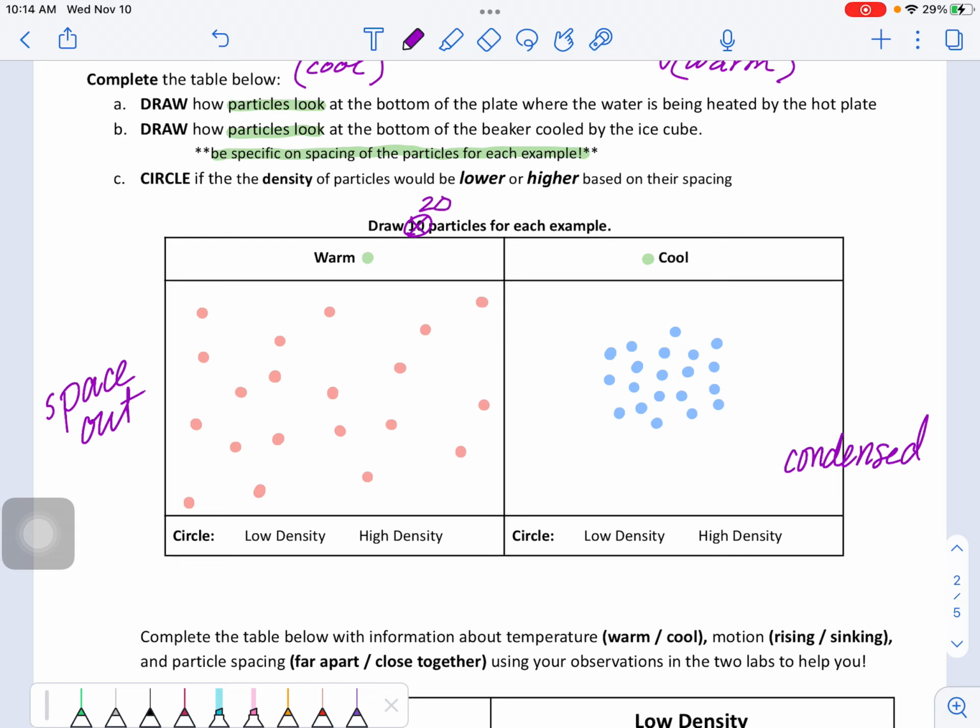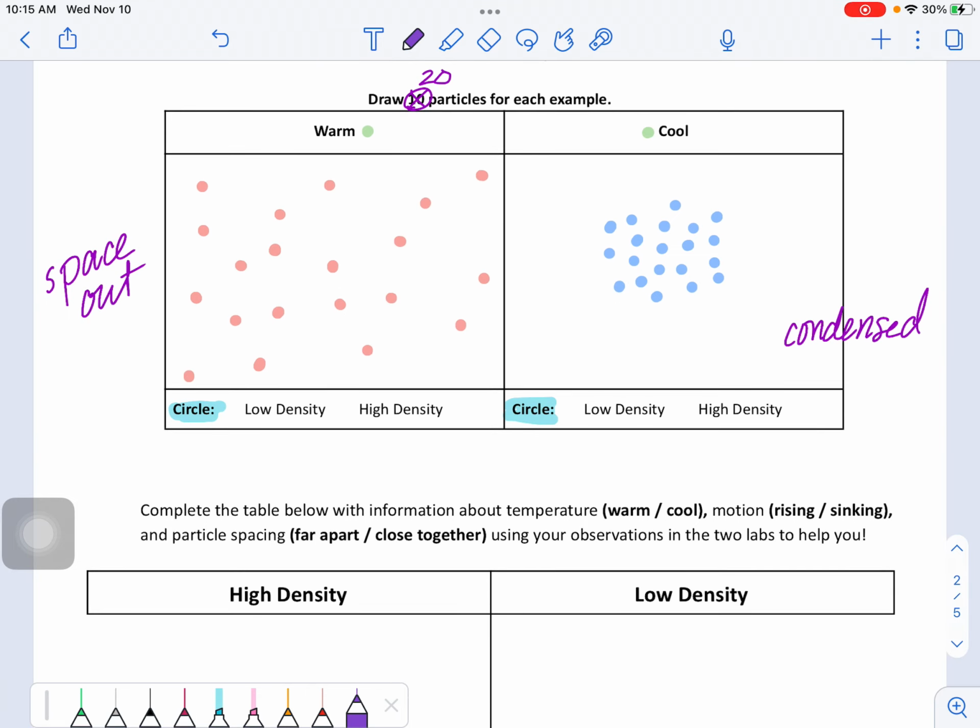So with those spacings, we can now get an idea on how that space impacts density. So we have an option down here, circle up what type of density we would have. Density is simply looking at how compact the particles are.